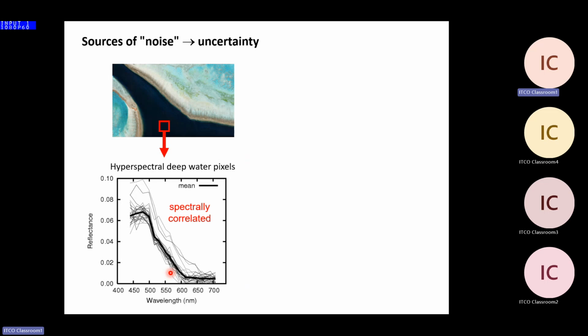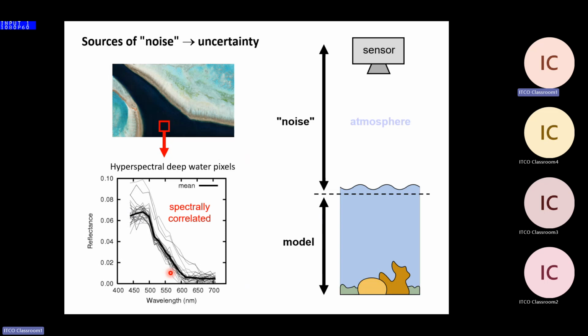And we just lump all of that together, take a part of the image where we expect the reflectances to be the same, and then we can build a noise model from that. Basically, to reiterate, we're taking everything from the subsurface, including the surface reflectances, the atmosphere and the sensor, and just lumping it together in some kind of model for the noise based on a sample area in the image.